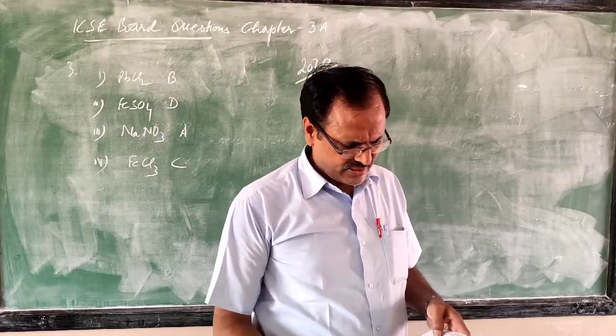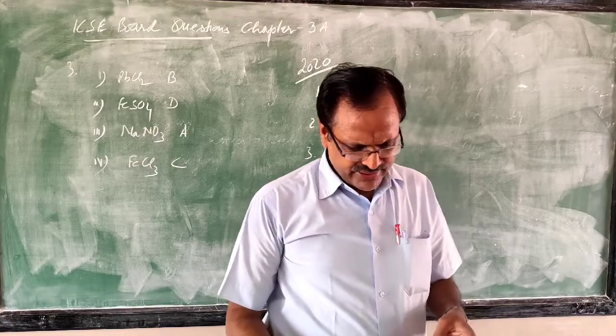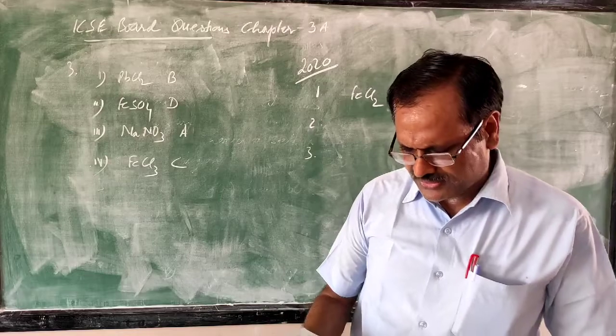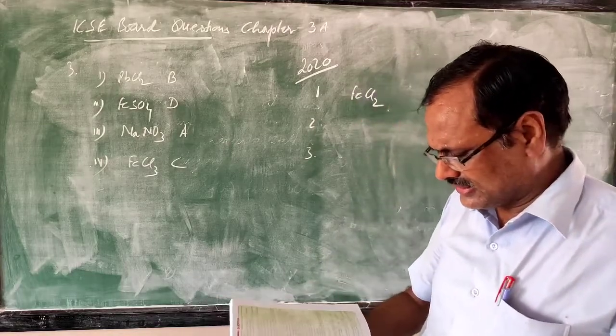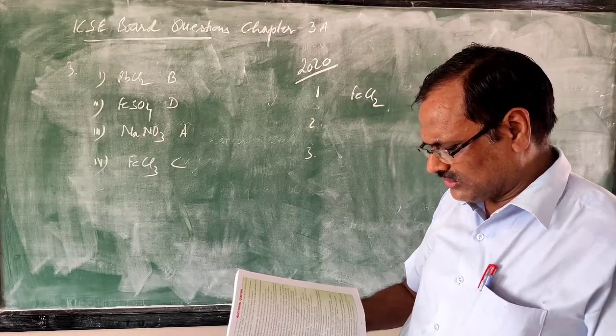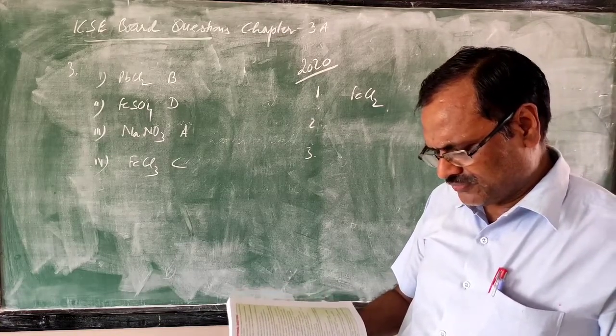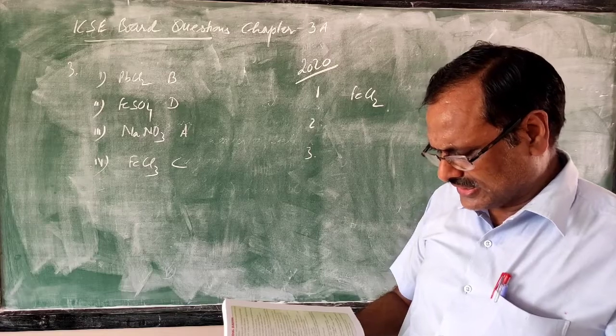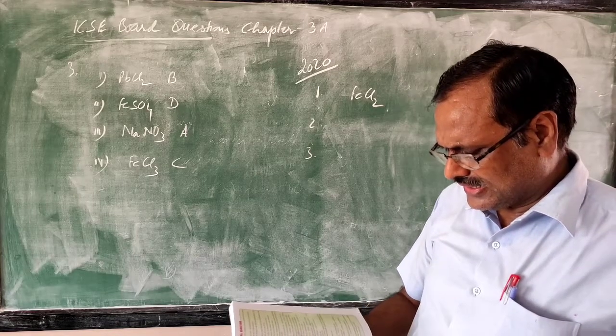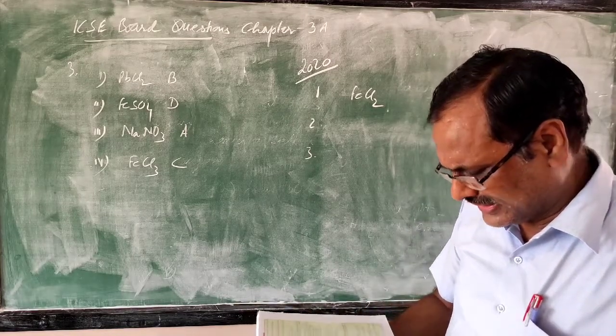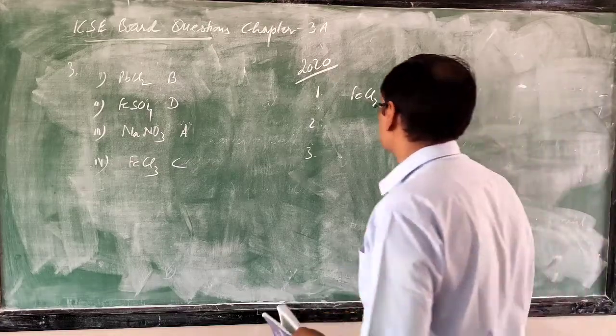What is given in this one? Complete the following by selecting the correct options. The pH of the acetic acid is greater than the dilute sulfuric acid. So acetic acid is the weak acid, so it contains a lower concentration, not the greater, low concentration of H plus.